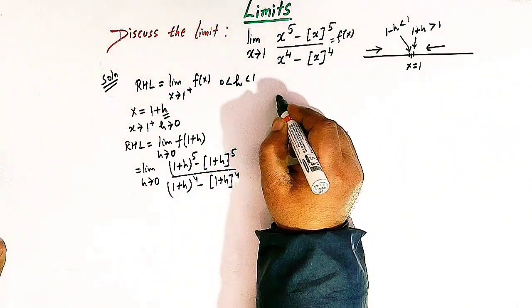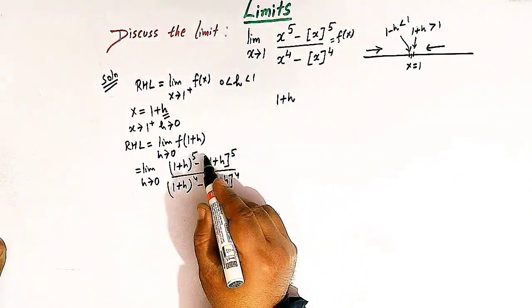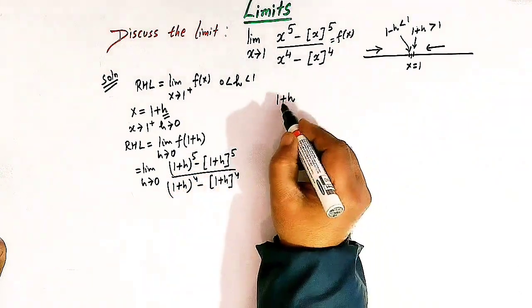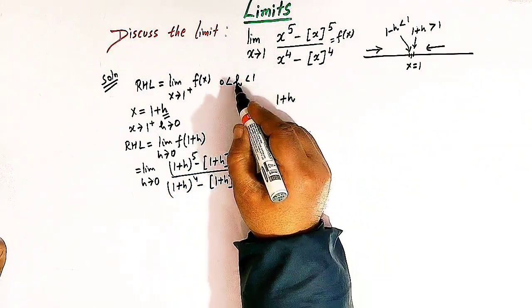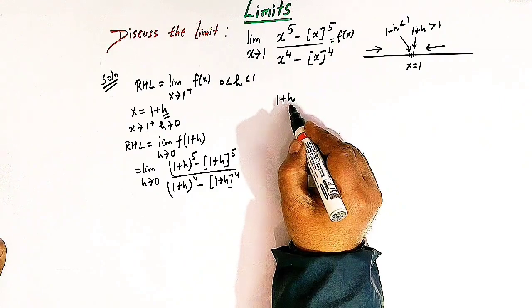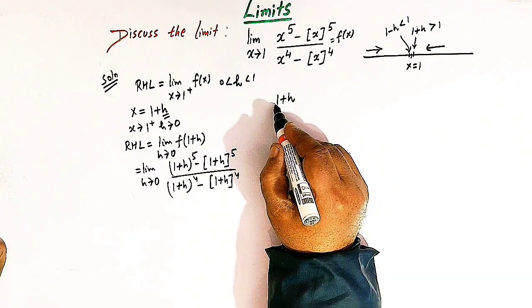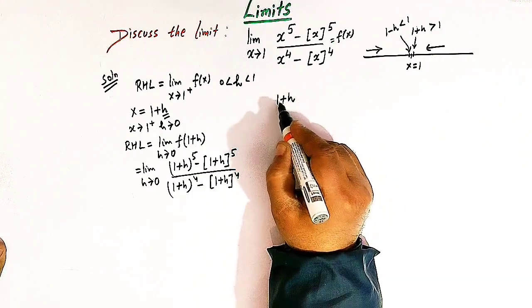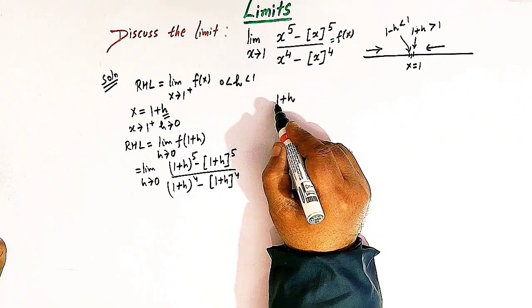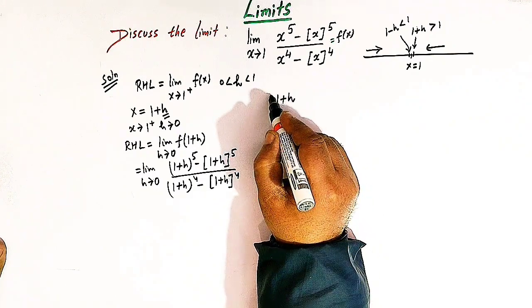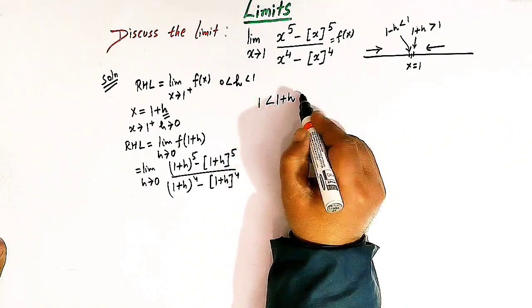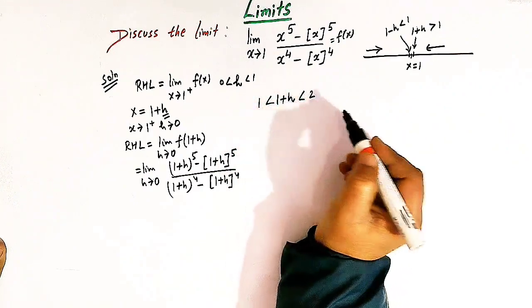So see, here we have the greatest integer of 1 plus h. Because h is a very small quantity, when we add h to 1, then 1 plus h is slightly greater than 1, but it is always less than 2, right?